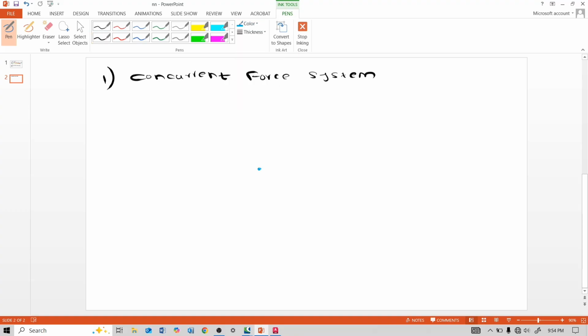So consider this point as O. If this force is F1, let us consider this as P force, and this force is Q force.